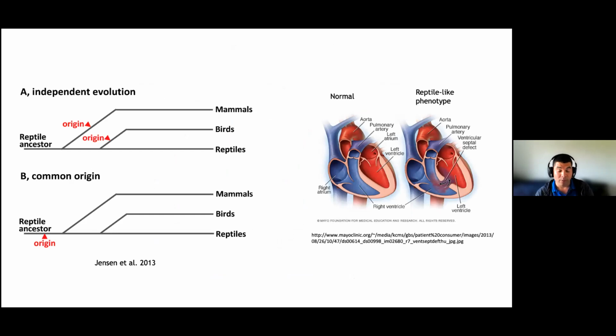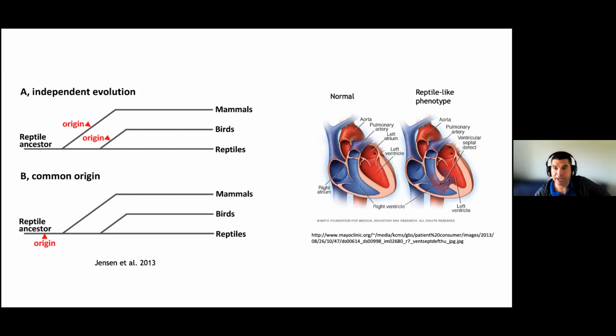But what was found recently is that mammals and birds do share a common developmental origin in terms of heart development, because their embryos actually mirror reptilian embryos during development, and they also have three chambers as embryos.